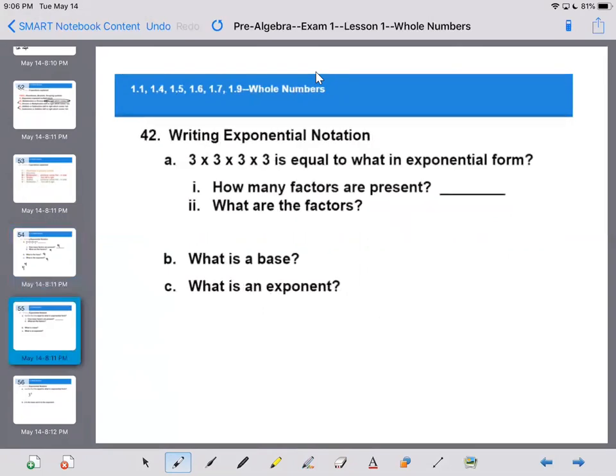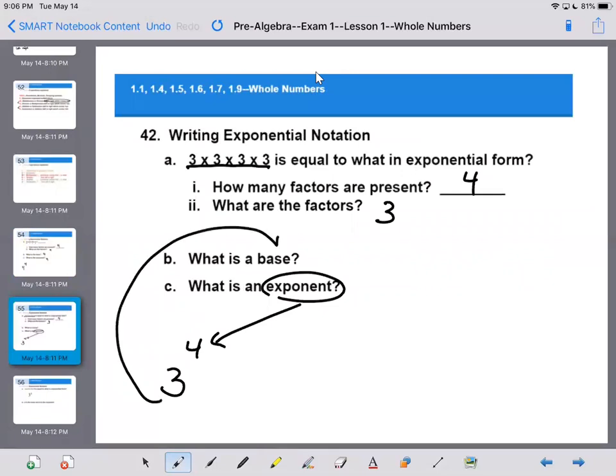Here, I've got how many 3s, how many factors are present? 4. What are the factors? Factors 3. What's the base? 3 is being multiplied by itself 4 times. So 4 is the exponent. 3 is the base.